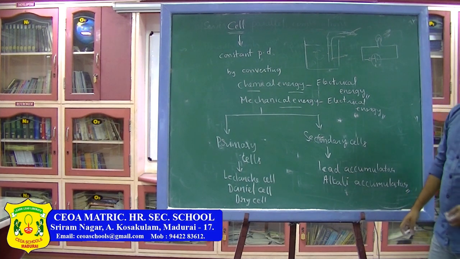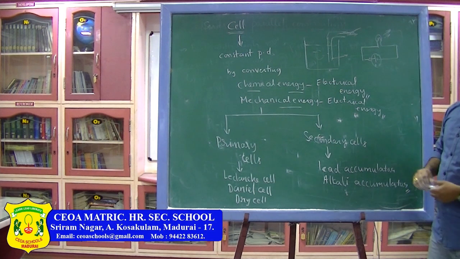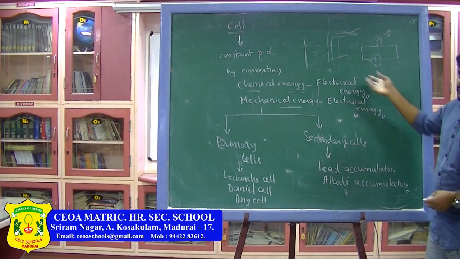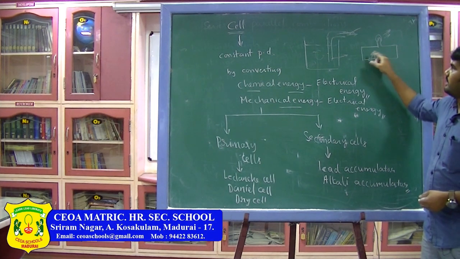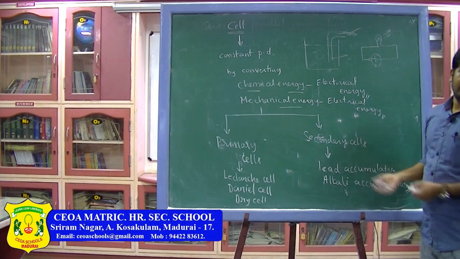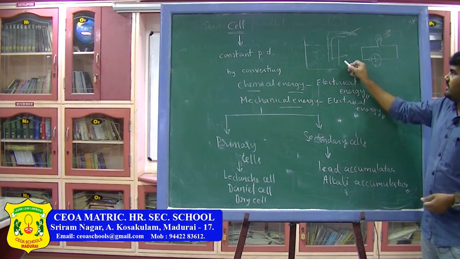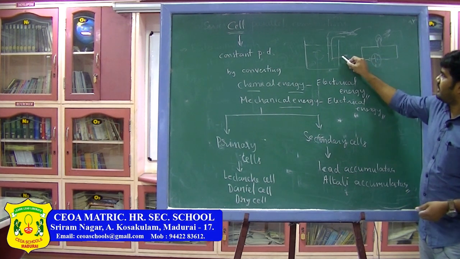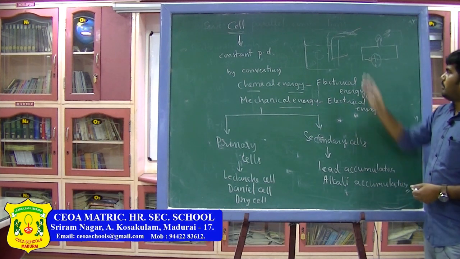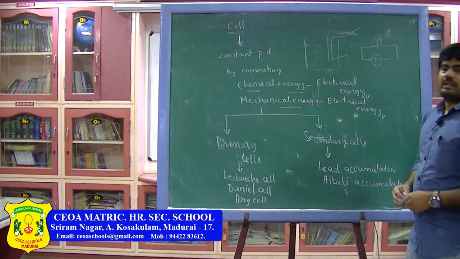So this is what the cell does: it maintains a constant potential difference for the circuit, so that there is a continuous flow of current, and the electrical energy is converted into other forms of energy depending on the appliance we are using. In the same way, here the cell is providing potential difference, and the electric motor does similar work, so you can compare these two things. That is the requirement of a cell in a circuit.